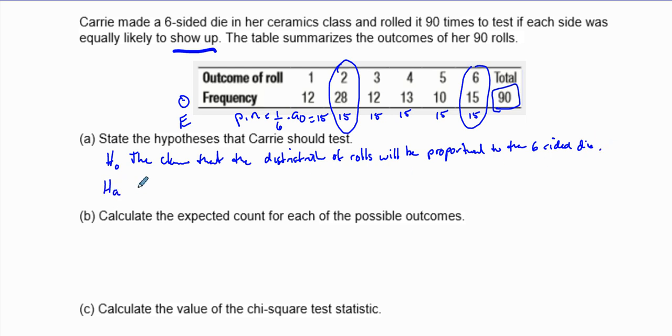Now, the other claim is that the claim is false, or that the distribution is not proportional.